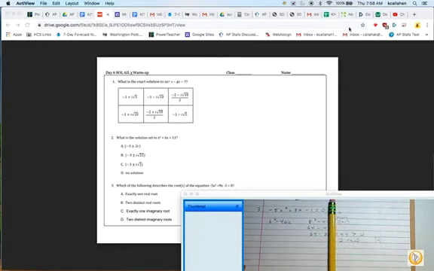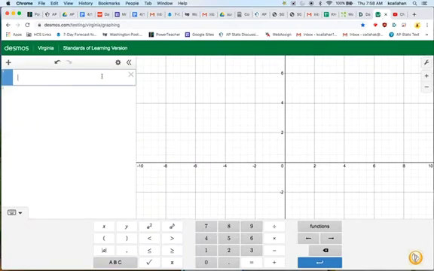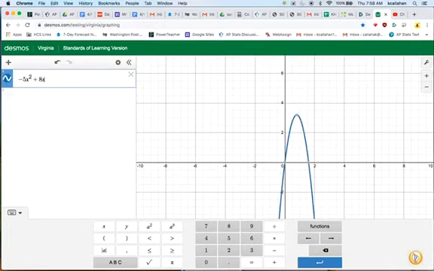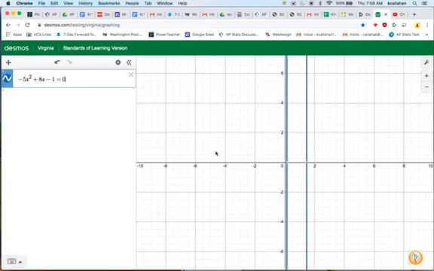Now, the other thing you can do is go to Desmos and just put it in, right? If it crosses the x-axis twice, that's got two real solutions.